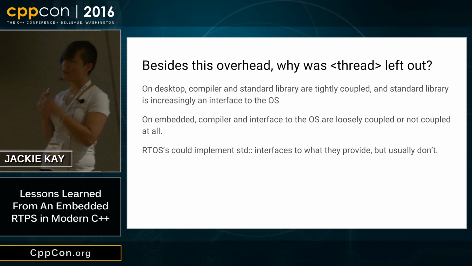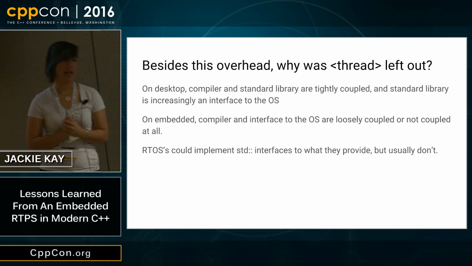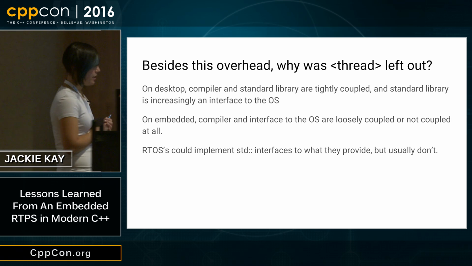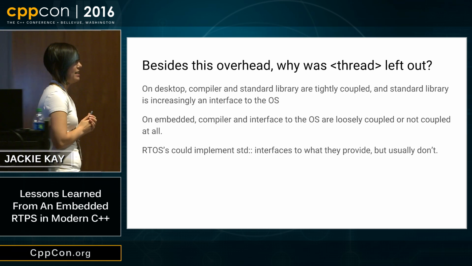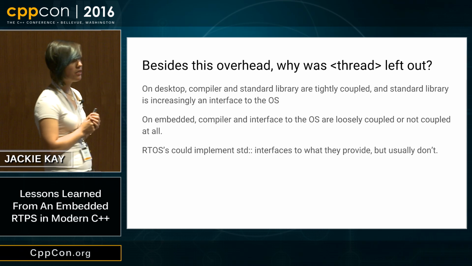Because these are nice abstractions that we'd like to be made available to everyone. And I'm seeing into the future here, seeing that the networking TS depends on threading abstractions.